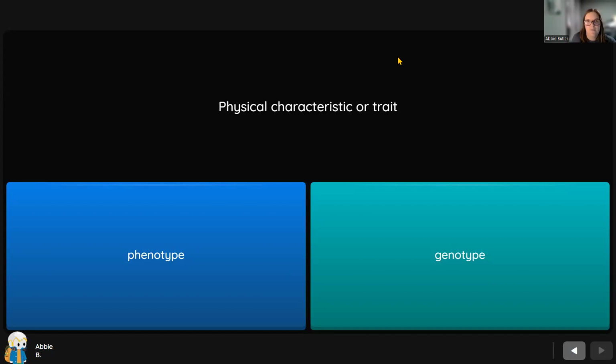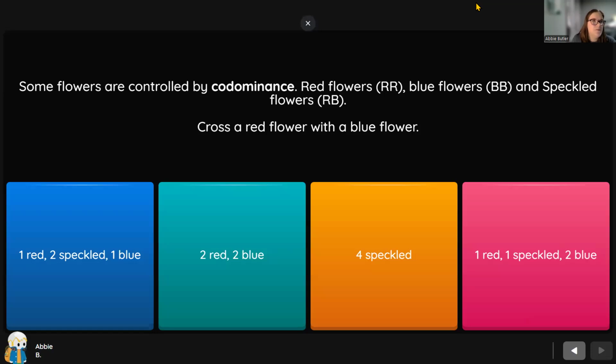So now you have practice problems you'll be able to go through, review of vocabulary. And then there's also asking, is this codominant or is this incomplete? And there's questions about the law of segregation, law of independence, whatnot. So it says some flowers are controlled by codominance.